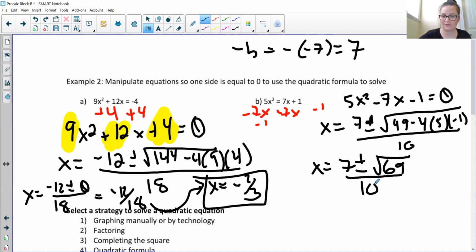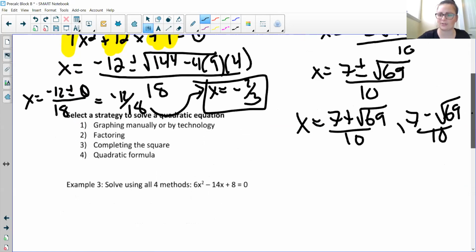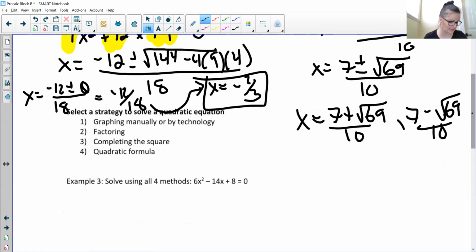And now you have two solutions. You can have x equals 7 plus the square root of 69 over 10, or 7 minus the square root of 69 over 10. Those can't be further simplified because 69 is not a perfect square. If you put them into your calculator, you would get 0.13 and negative 1.53.